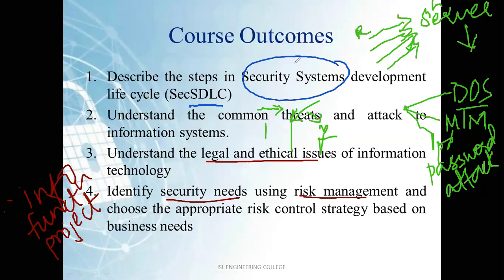If you know what type of attack is going to be launched, it will be easy to avoid that attack by choosing better risk control strategies based upon the particular business.